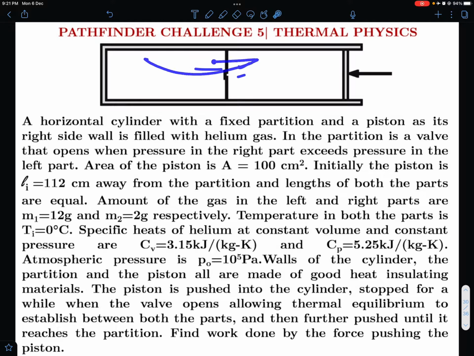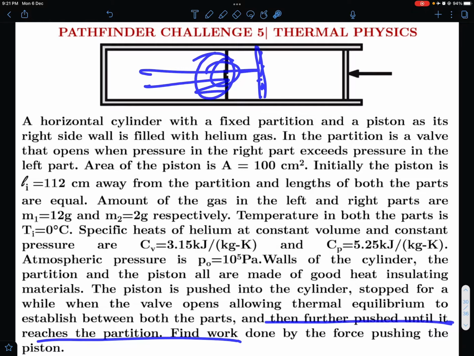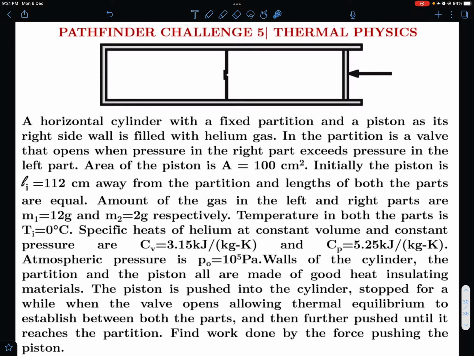It's the same gas but at different temperatures, and they are mixing, and you are allowing thermal equilibrium to happen in both parts, and then it is further pushed until it reaches the partition. So after the valve opens, you wait for a while. After thermal equilibrium is established, again you push the piston all the way up to the partition. There's a valve in the partition. Find the work done by the force pushing the piston.